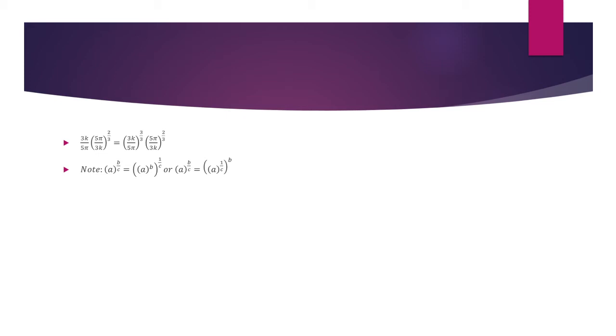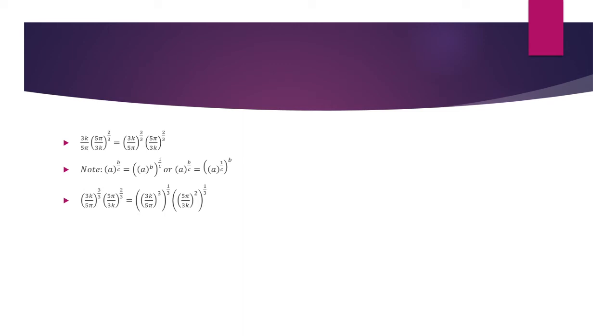I can do this because whenever I raise an exponent to an exponent, I end up multiplying the two exponents. And we know multiplication is commutative. That means if I have 2 times 3, that's the same thing as 3 times 2. So in this case, b times 1 over c is the same thing as 1 over c times b. But for us, we're going to use the first equality.